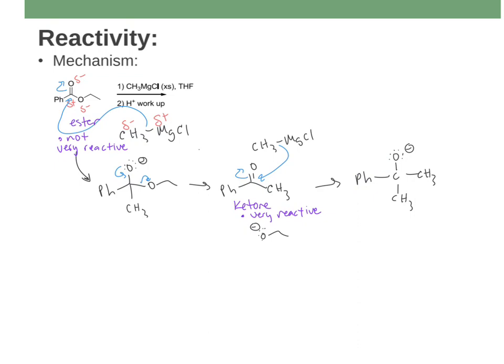So that means that the O just stays negative like that. And then you just chill out, right? That's just going to stay there until you add the step 2 stuff, which is your acid workup, just to protonate stuff. And then you'll get your product. So you'll have the phenyl group, an alcohol, and 2 methyls.